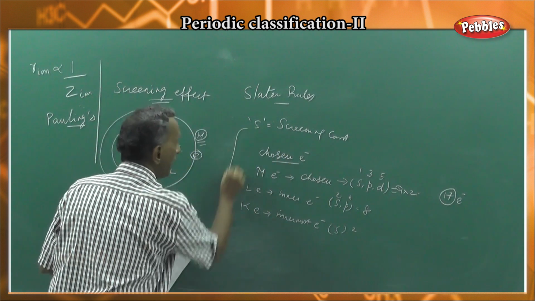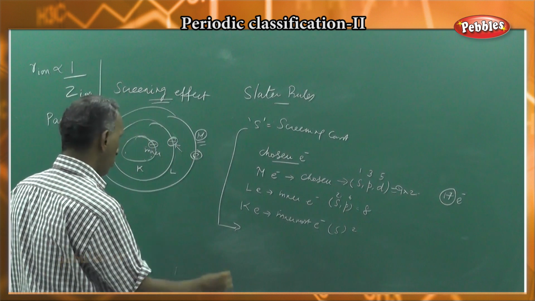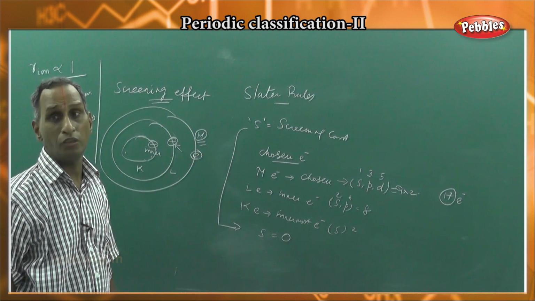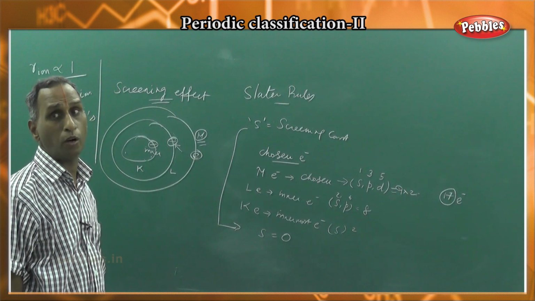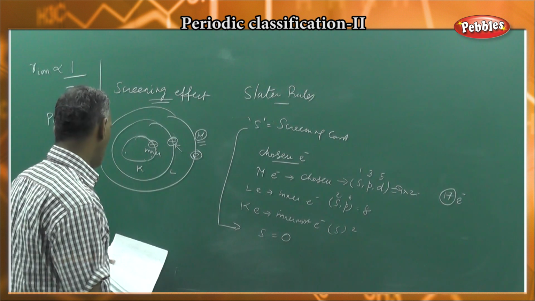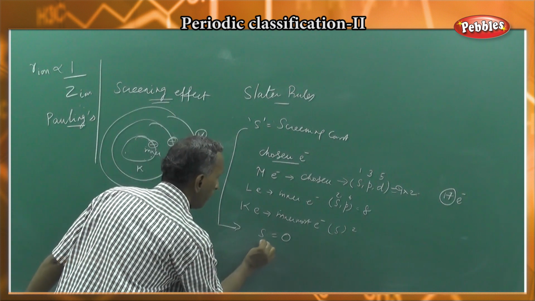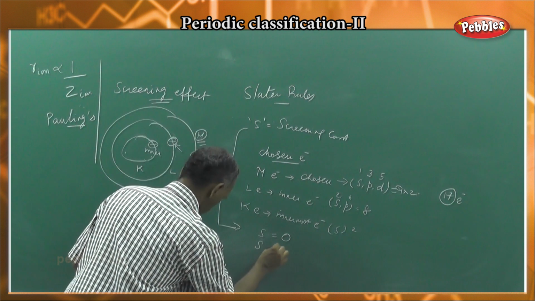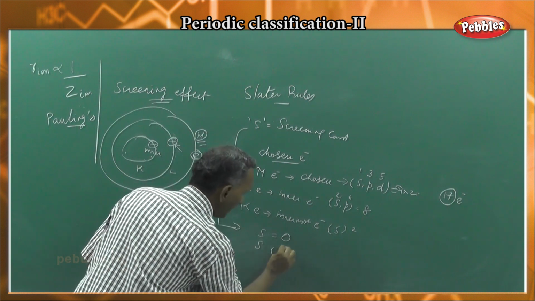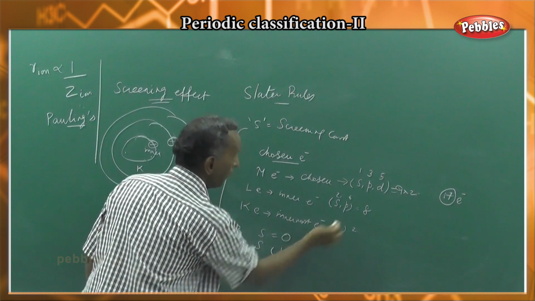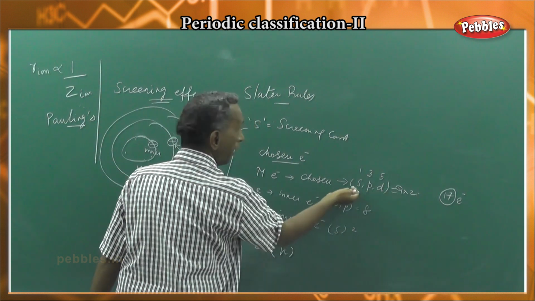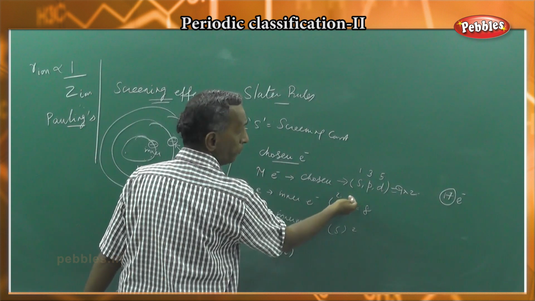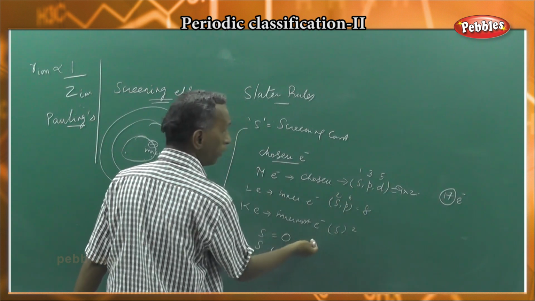As per the Slater rule, the screening constant for outermost electrons is 0, whereas the screening constant for the electrons in the same group, that is the same quantum number, is different. The 17 electrons plus 1 electron, 18 electrons, form one group, 8 electrons another group, and 2 electrons another group.